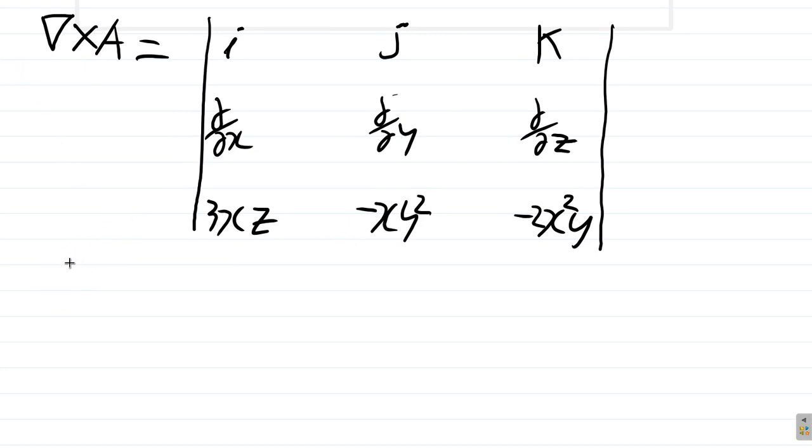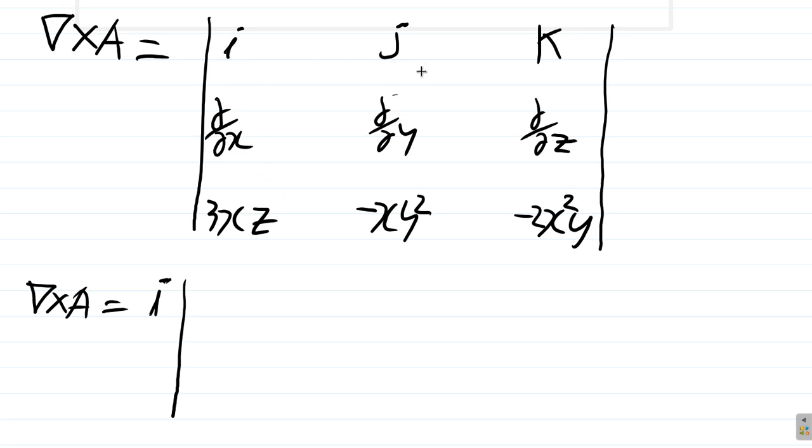Now, this is a determinant. Once you see the vertical lines, you know that that is a determinant. Now, del cross A is i times... this is a third order determinant, but you have to know how to get its second order determinants too.